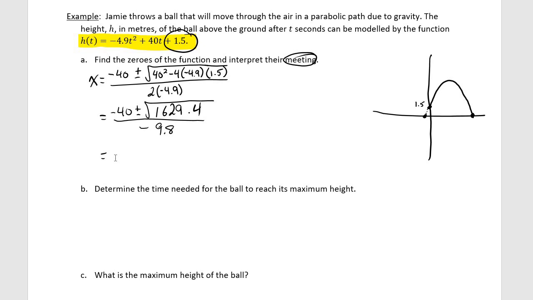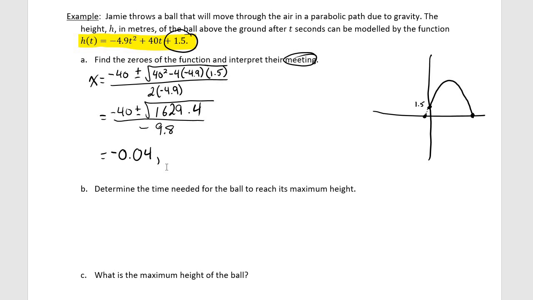And now we'll calculate it through. Negative 40 plus the square root of 1629.4, divided by negative 9.8, gives my negative root, negative 0.04 to 2 decimal places.